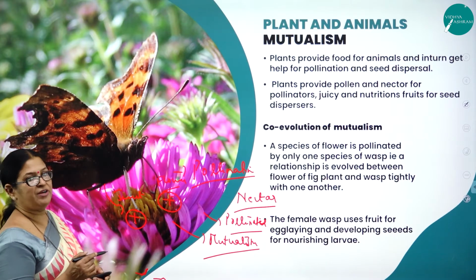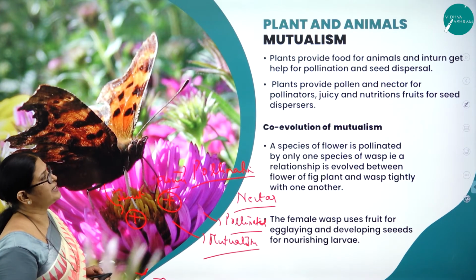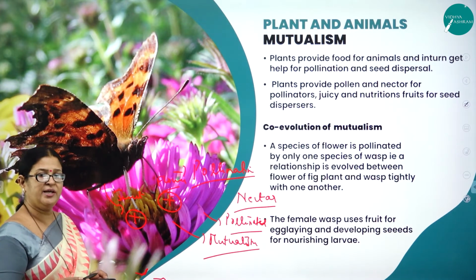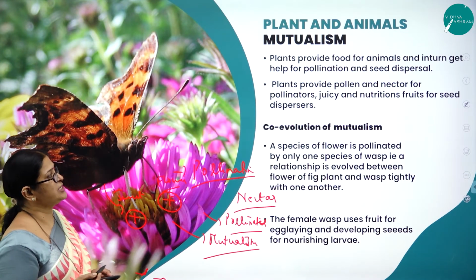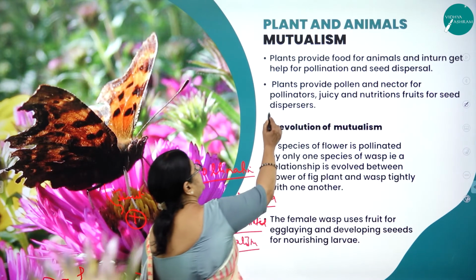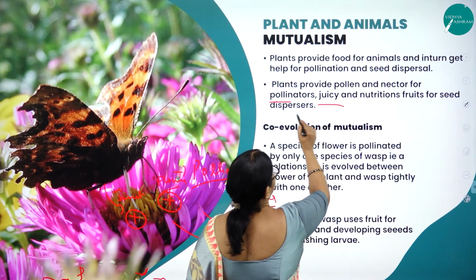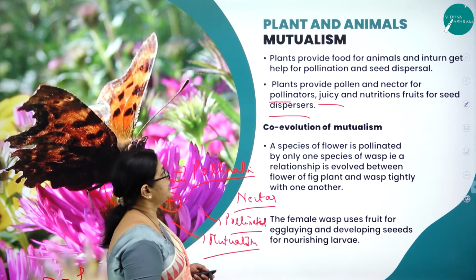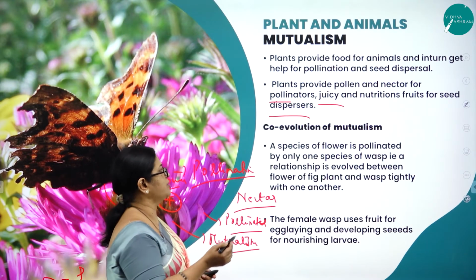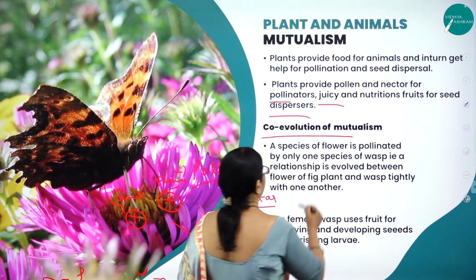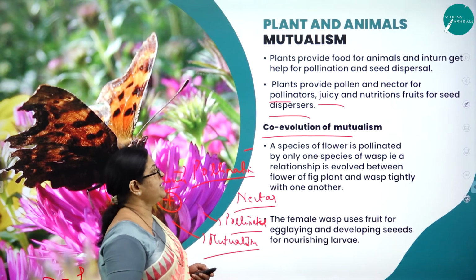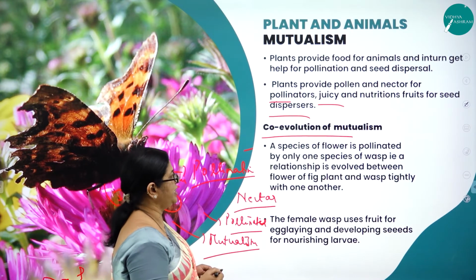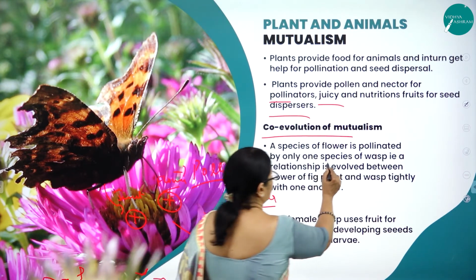So plants provide food for animals and in turn get help for pollination and seed dispersal. Then plants provide pollen and nectar for pollinators, and juicy and nutritious fruits for seed dispersal. So both are benefited. Now we'll move on to the next very important concept, called co-evolution of mutualism. What is it? A species of flower is pollinated by only one species of wasp.